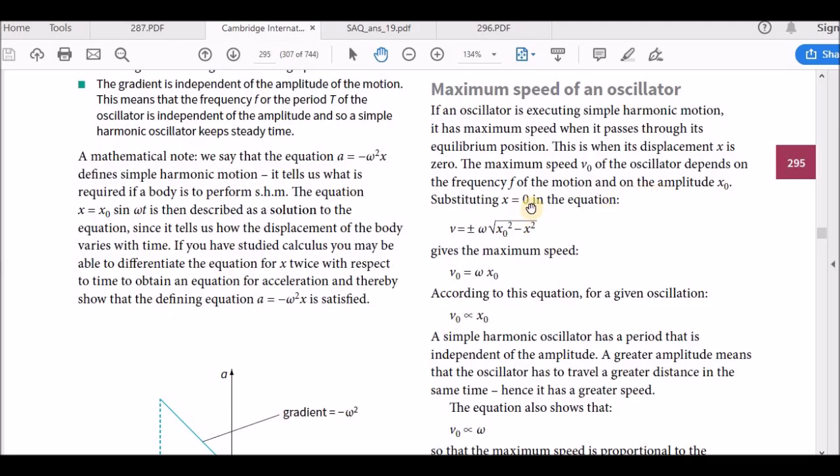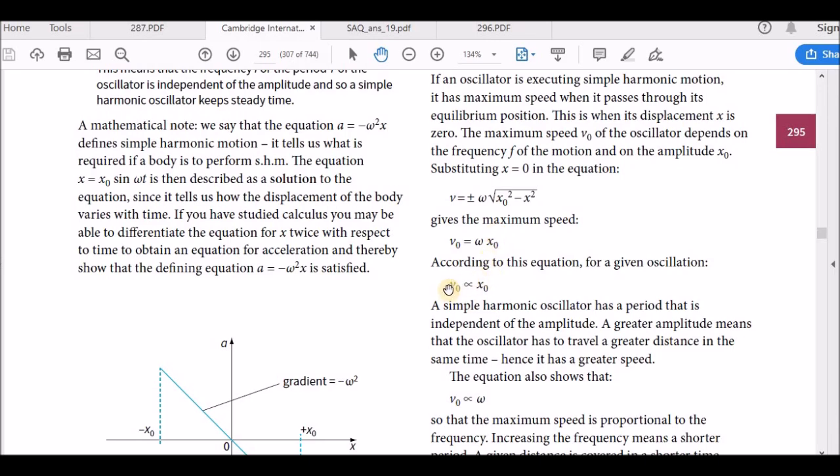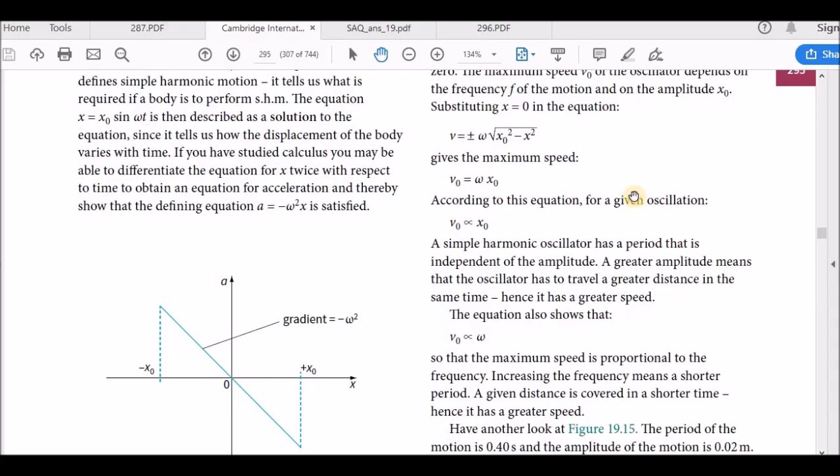Yeah, so we will get this then. Okay, so you can see v0 is proportional to x0. The greater the amplitude, the greater the maximum speed. Okay, then also we can see this is also proportional to omega. From this equation we can get this.